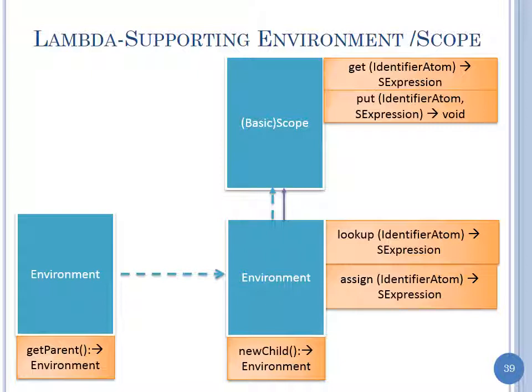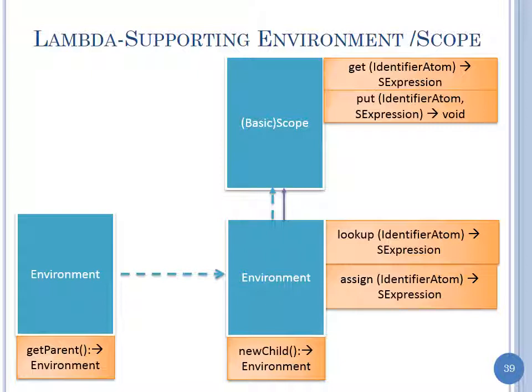And in terms of the assignment, the new child method I mentioned earlier was provided already by the abstract environment. That's not actually true. And that's mentioned in the assignment, that new child is something you have to implement. And the assignment talks about how to do that. Okay? But the get parent method is given to you by the abstract environment.